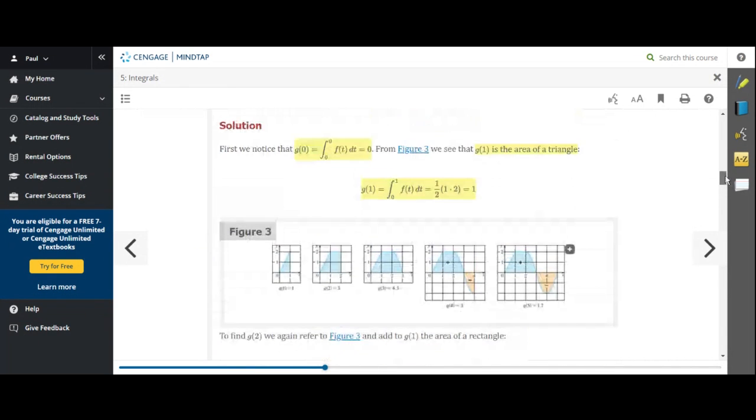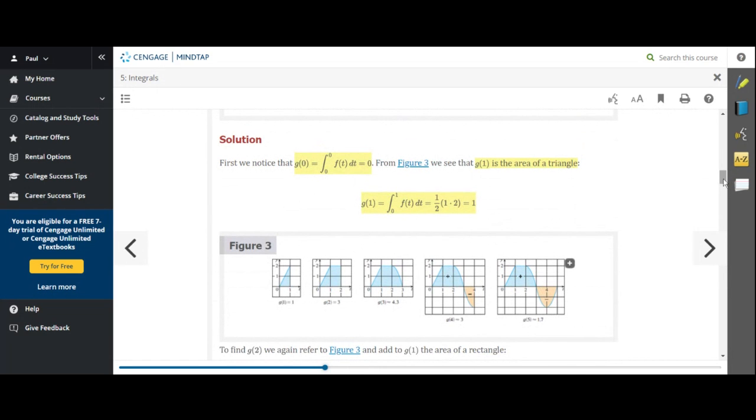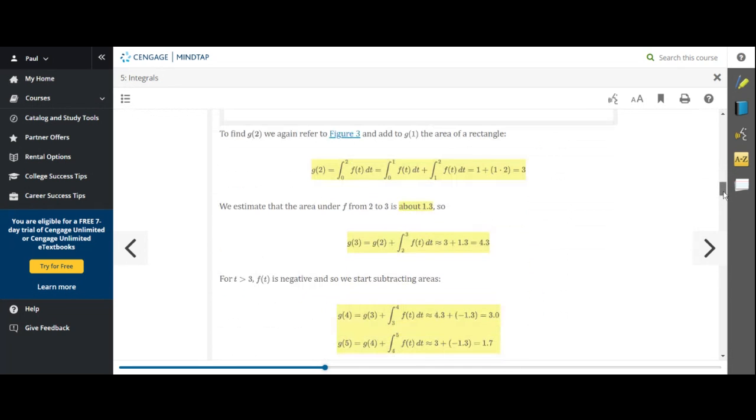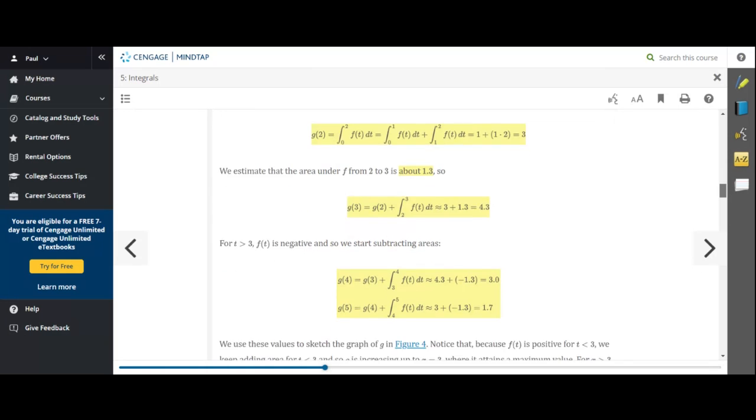So once again, g of 0 equals 0, g of 1 equals 1, g of 2 equals 3, g of 3 equals 4.3, g of 4 is 3, and so forth.